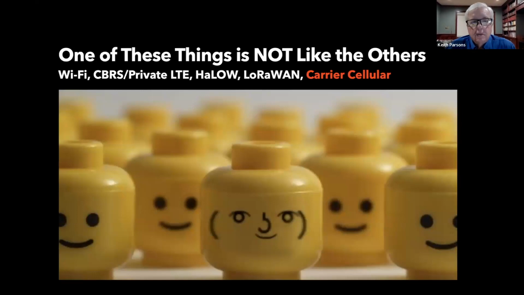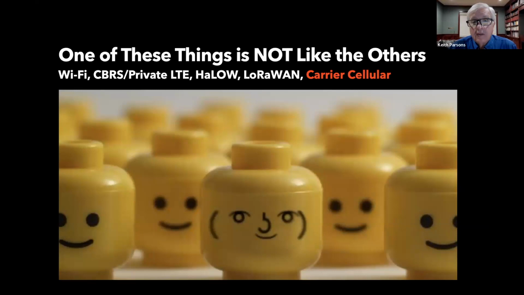So I want to sing along a little Sesame Street song. One of these things is not like the other. We live in a world where we have Wi-Fi and CBRS and Halo and LoRaWAN and carrier cellular. And sometimes people get confused between what frequencies they use and who pays for what.